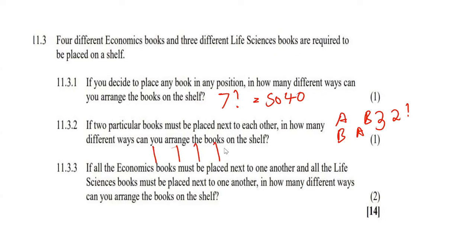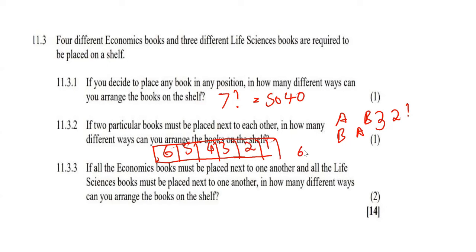That's 1, 2, 3, 4, 5, 6, right? So we are taking particular book A and particular book B as a unit, so we can fill the positions here in 6 factorial ways. So that's 6, 5, 4, 3, 2, 1.